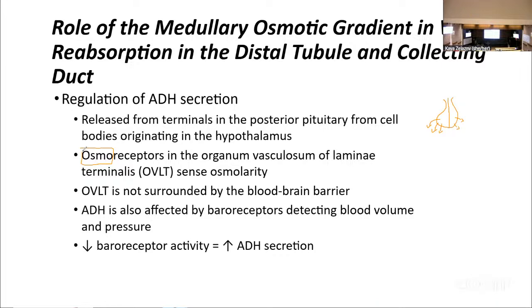Your blood is mostly water. So if we have low blood pressure, low blood volume, we'd have low baroreceptor activity, which is going to be a signal. We want more water in our blood. We want higher blood volume. So we're going to start reabsorbing a bunch more water by turning on this ADH secretion. So we're turning on the signal to the kidneys that we want to reabsorb more water.